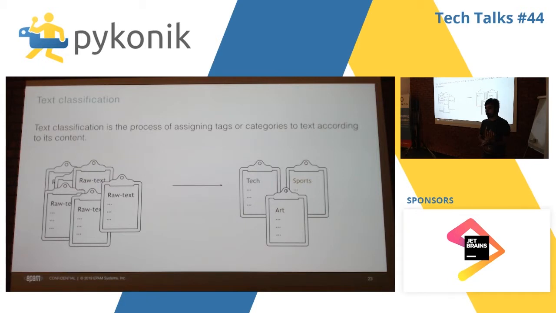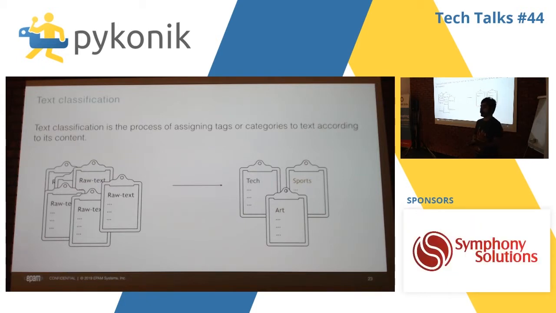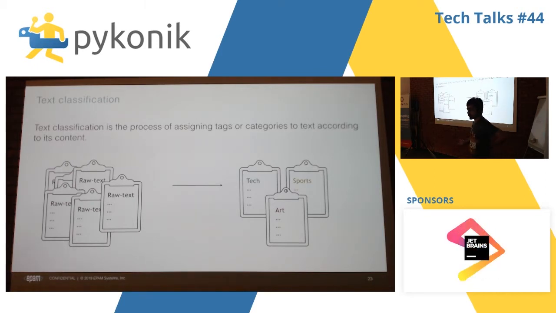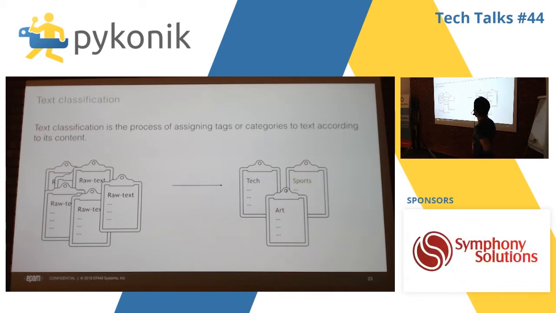Sentiment analysis also can be a text classification problem. So we have some raw texts which are not labeled, and we have a classification process that labels them. For instance, I have a text and it's labeled with a tag, sports or art.